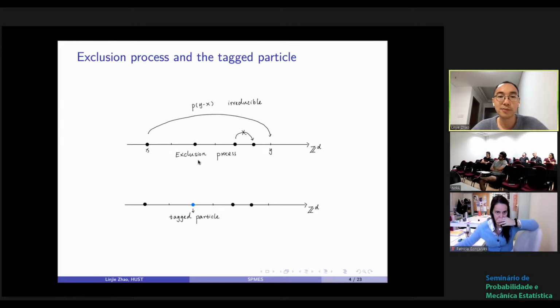On top of the exclusion process, we pick up a particular particle, that is the blue particle in the second picture, and we call this particle the target particle. Except for this particle, all the others are the same. We want to understand the behavior of this particular particle, the target particle.